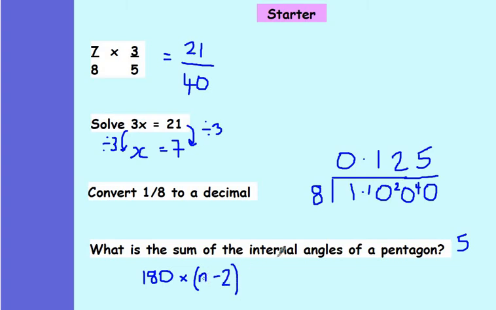In this case, n is 5, so I'm looking at 180 times 5 minus 2, which is 540 degrees.